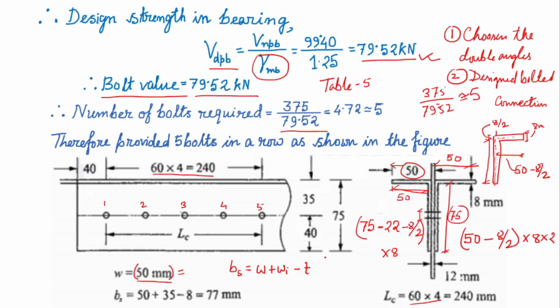So what is w1? Here w1 is this one. It is the distance from the center of the bolt to the other leg. So this distance is 35. So 50 plus 35 minus t. t is the thickness of the angle. It is 8. So bs is calculated as 77 mm in this case.